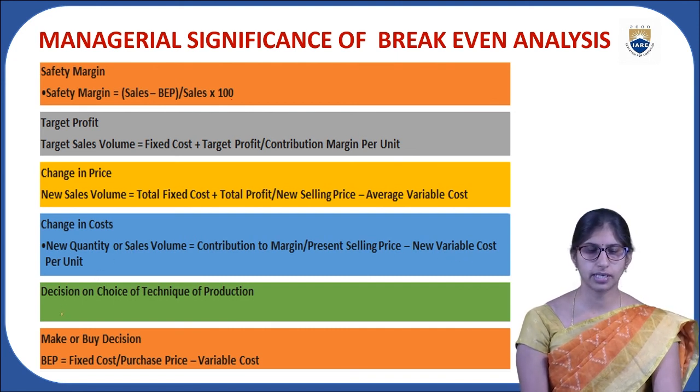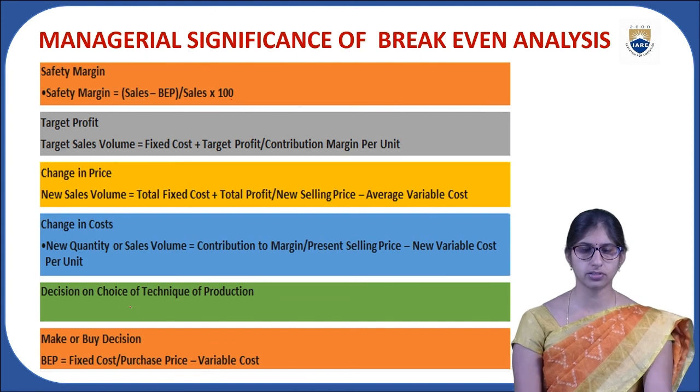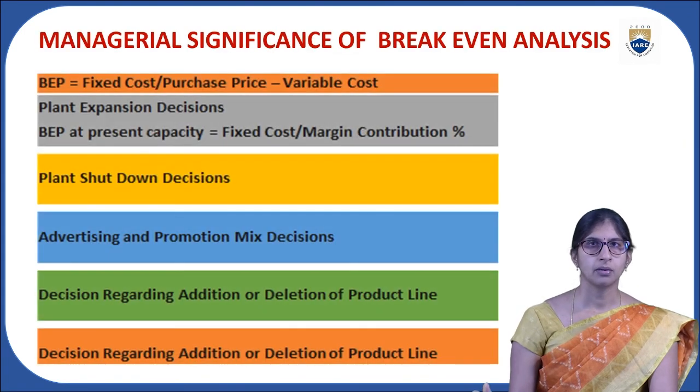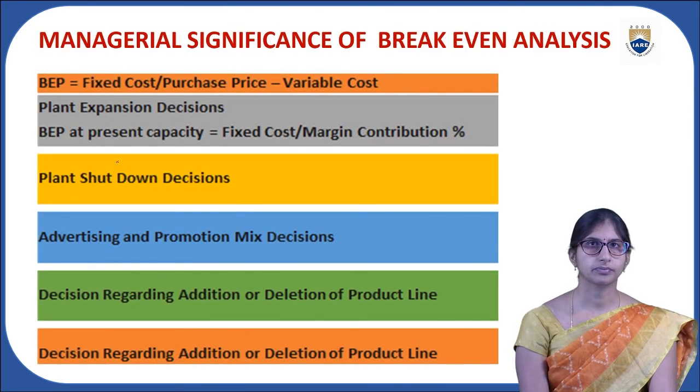Now coming to decisions on choice of technique of production and make or buy decisions, BEP equals fixed cost divided by purchase cost minus variable cost, and BEP equals fixed cost divided by sales price minus variable cost.